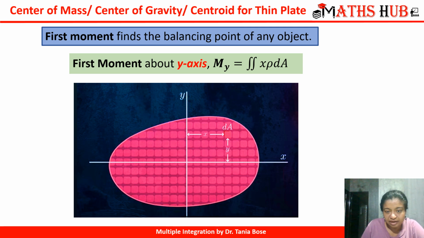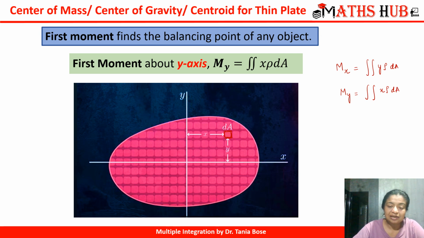If this is my object and this is the small area, I'll take its distance from the x-axis as well as the y-axis. When we are calculating the moment about the x-axis, it is written as Mx and it is equal to double integral y rho dA, right? And when we are calculating the first moment about the y-axis, it is double integral x rho dA.